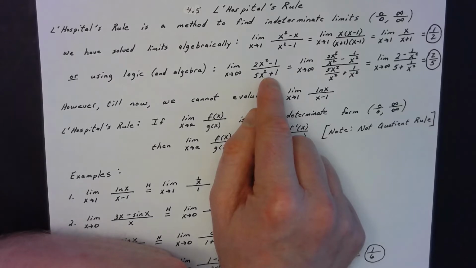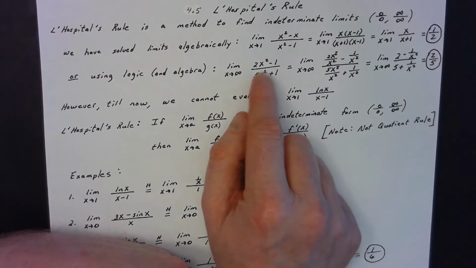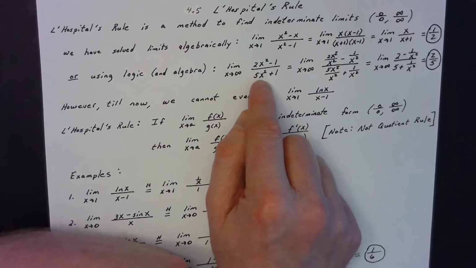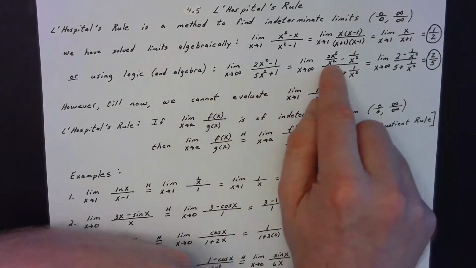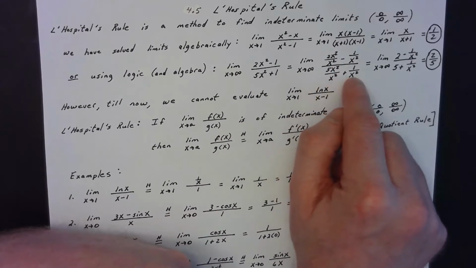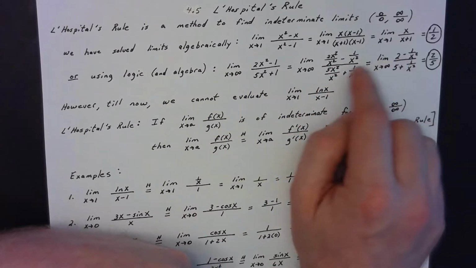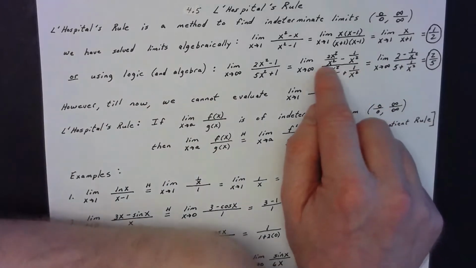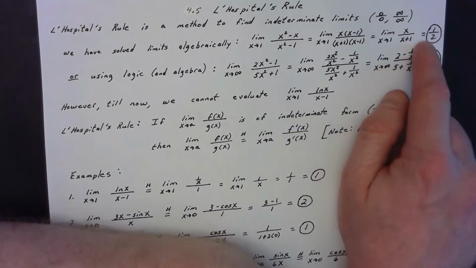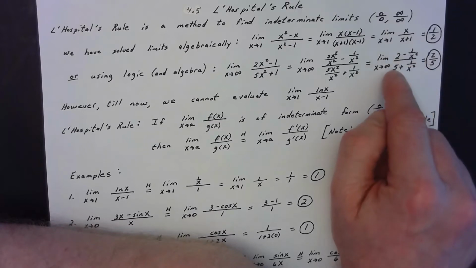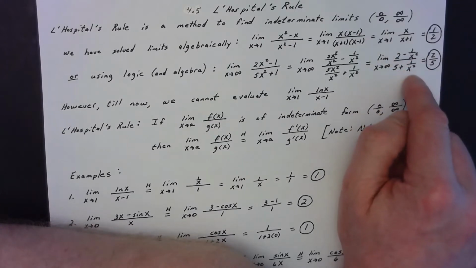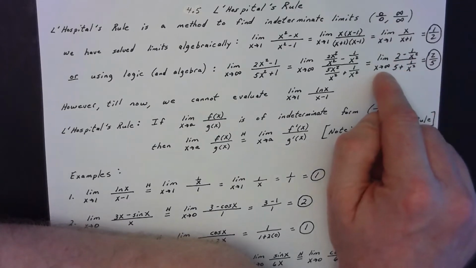That section told us that in order to simplify this expression, you divide by the highest power of x in the denominator. So I divide everything in this equation by x squared. Then I simplify algebraically and say this is the same thing as the limit of 2 minus 1 over x squared divided by 5 plus 1 over x squared. Then you take the limit.